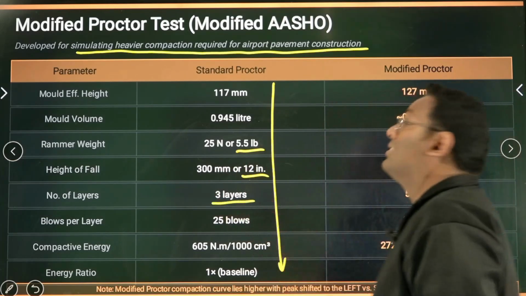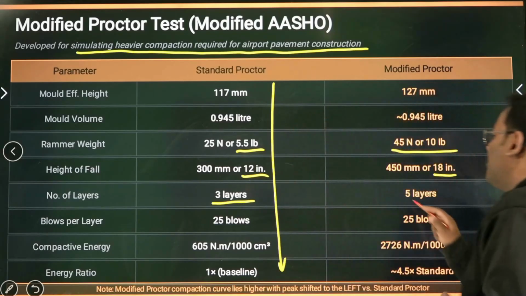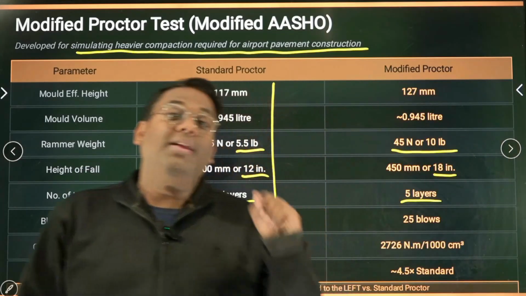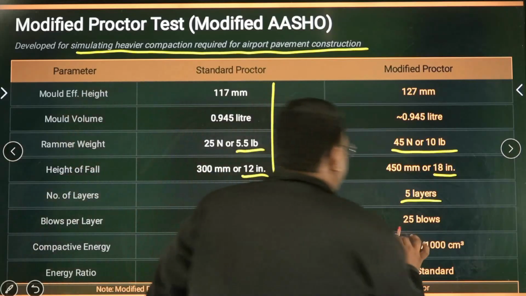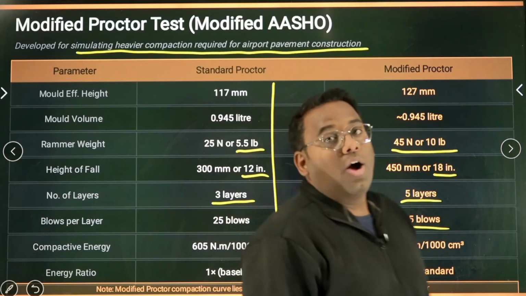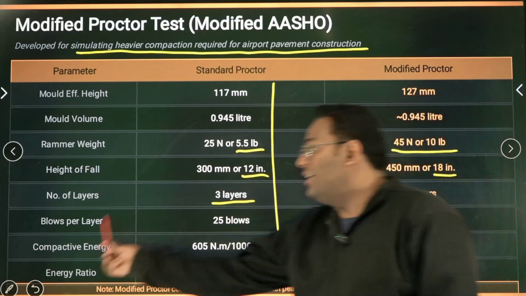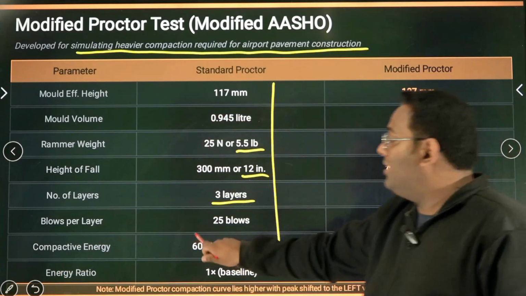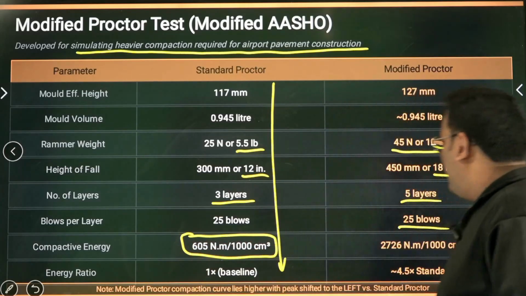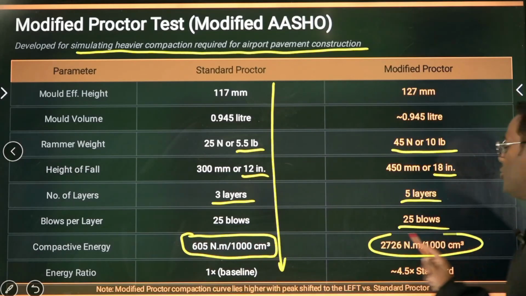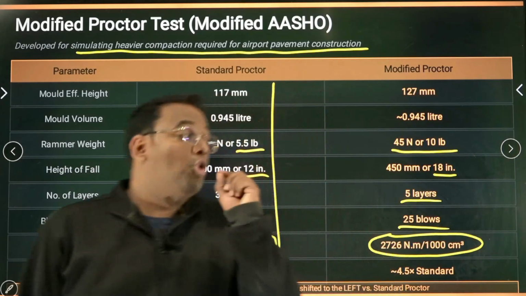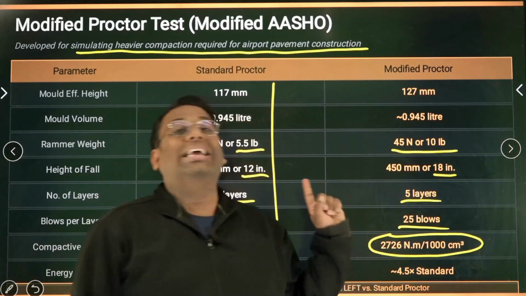A total of 3 layers were filled in the standard Proctor test, whereas in the modified Proctor test you fill in 5 layers. Number of blows on each layer is 25. If you compare the compactive energy imparted, in the standard Proctor test it was 605, whereas in the modified Proctor test the energy imparted is increased by a multiple of 4.5.